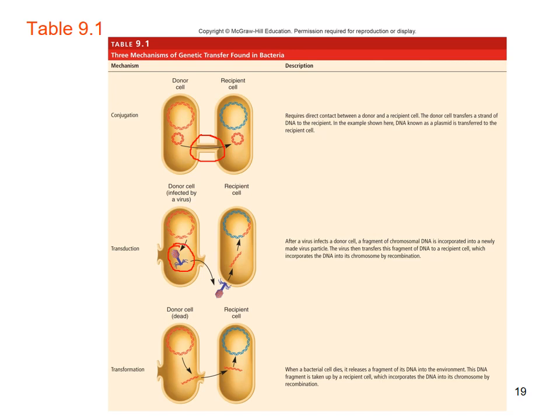In transformation, we are looking at taking up extracellular DNA, which, like I said, can either come from a dead cell, or we can manipulate the DNA in a laboratory setting, put it on the outside, and cause the recipient cell to take it in so that it can express new phenotypic properties.